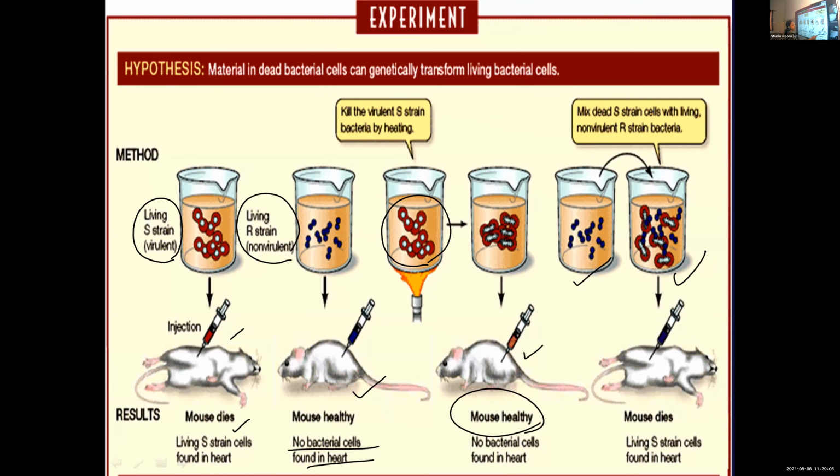But to their surprise, they found that after injecting, the mouse died and they could find the S strain bacteria in its body, from its heart. Okay, now let's see the details.